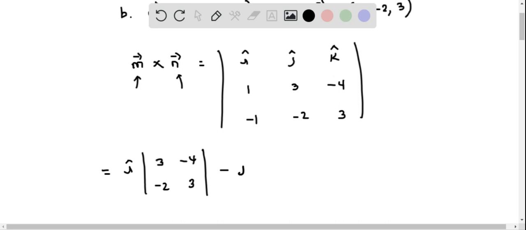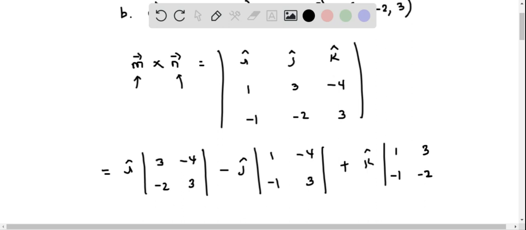Then we put negative j vector, and multiply this with the 2 by 2 determinant leaving the row and column represented by j vector. So we will have 1, negative 4, and negative 1, 3. And also we do for the k vector. It is k times the determinant 1, 3, negative 1, negative 2.